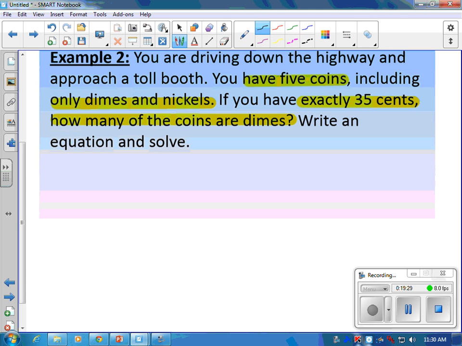So now I need to name my variable. What is my variable going to represent? Zach? Okay, so I'm talking about D, and am I talking about the value of dimes, the color of dimes? Okay, so my variable D represents the number of dimes that I have in my car.